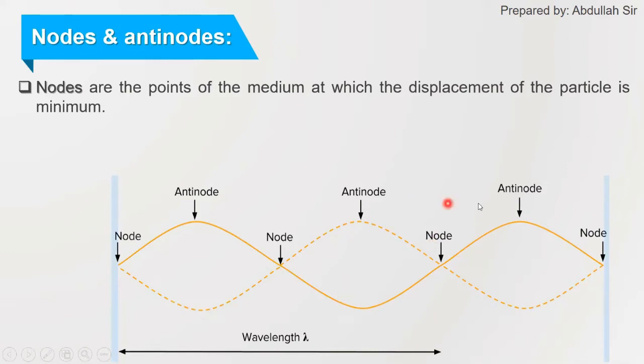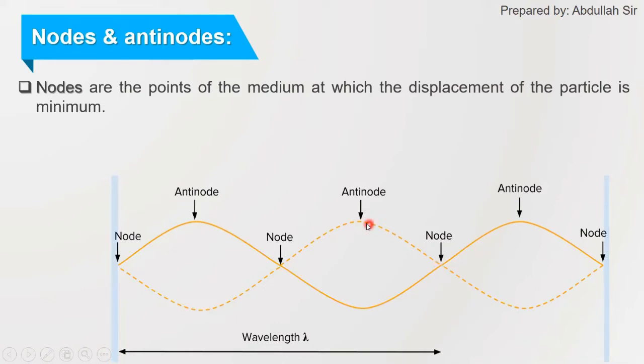The incident wave, that is the solid line, and the dashed line superimpose with each other, and the resultant is called a stationary wave or a standing wave. There are certain points at which particles have minimum displacement. That point is called a node.